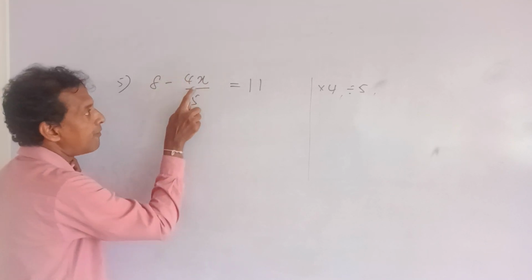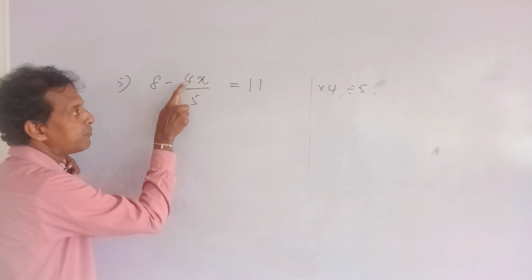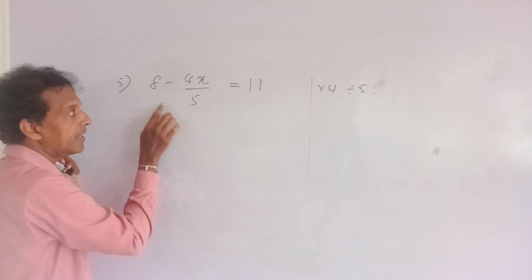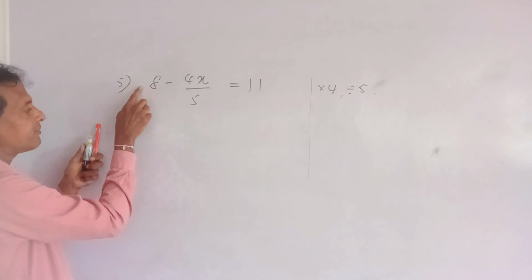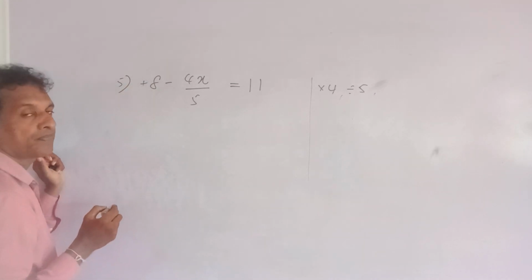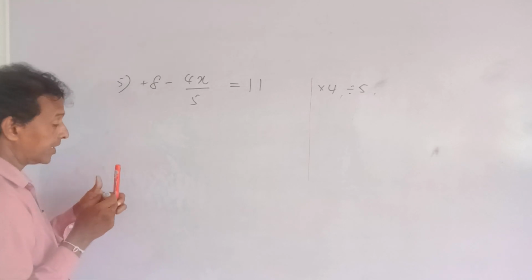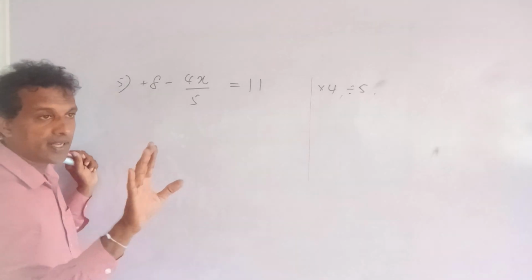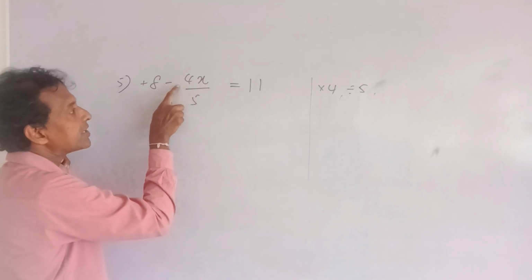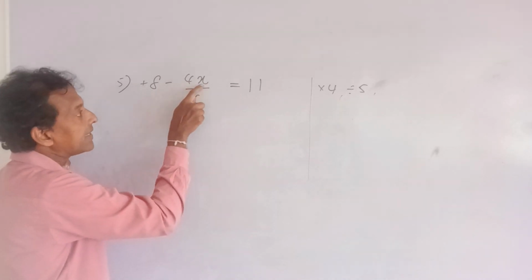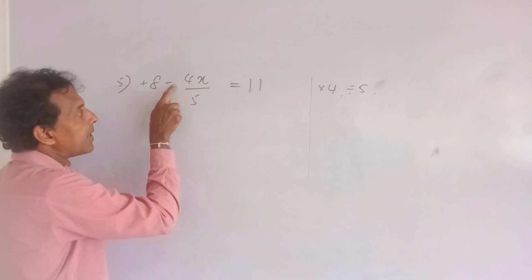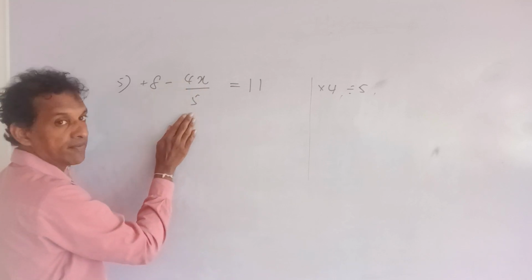So after multiplying x by 4 and dividing by 5, 8 is added. Actually here in front of this there is no sign, that means plus. In other words, you understand it this way: because this minus belongs here, x is multiplied by minus 4 and divided by 5.